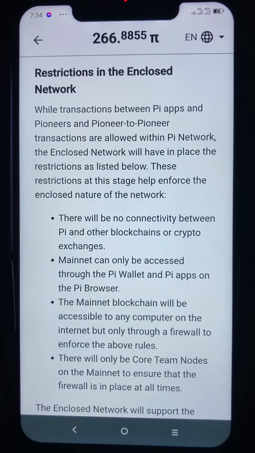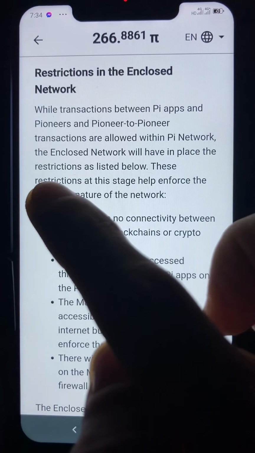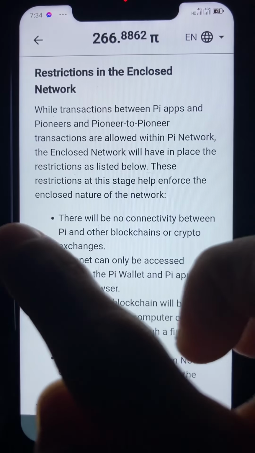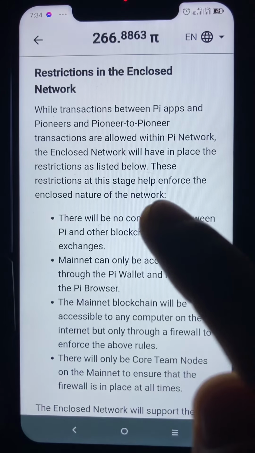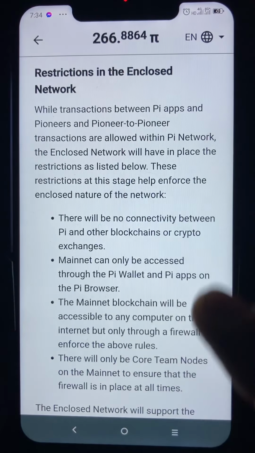So ano sabi? Transactions sa mga PIAPs allowed na sa enclosed network. Transactions pioneer to pioneer or peer-to-peer allowed na sa Pi network during the enclosed network. The enclosed network will have in place the restrictions as listed below. These restrictions at this stage help enforce the enclosed nature of the network.